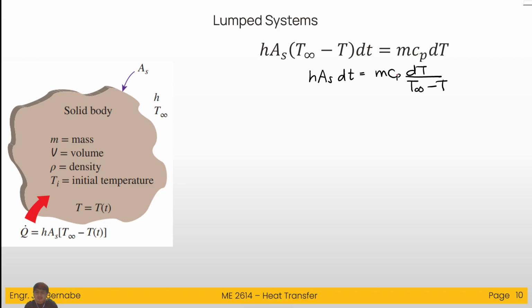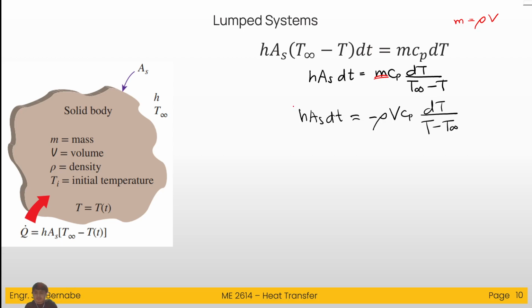Now, what we can do, instead of the mass, we can say this is rho times the volume, so the mass is also the density times the volume. And then for this one, we can swap this so that it is much easier to differentiate. So what happens is you have negative rho V C_p dT over (T minus T_infinity). So we just swap the signs. We factor out the negative.